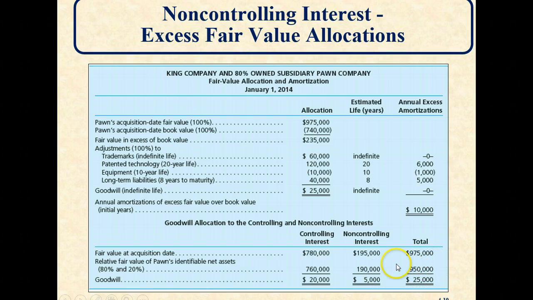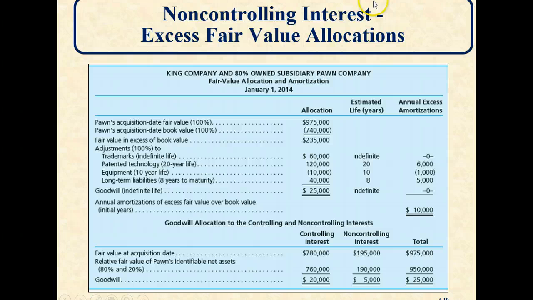We're going to take 80% of the fair value of these assets and allocate it to us. We'll take 20% of the fair value as allocated to the non-controlling interest. And the difference is what we will each have as goodwill. We know the total goodwill needs to be $25,000. Okay?